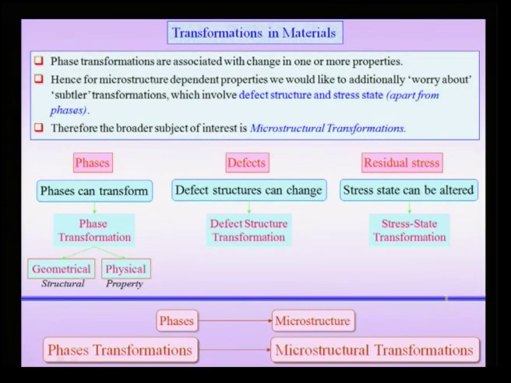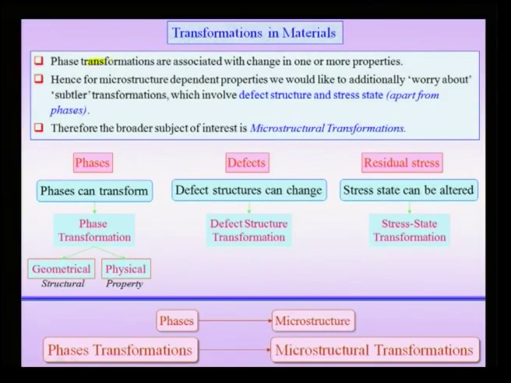So, as I pointed out, even phase transformations in some sense are a restricted subset of some superset which can be defined, which we will consider in this slide, of transformations of materials. Phase transformations are associated with a change in one or more properties. Often this is the reason that we are studying phase transformation, that we want to engineer the properties.